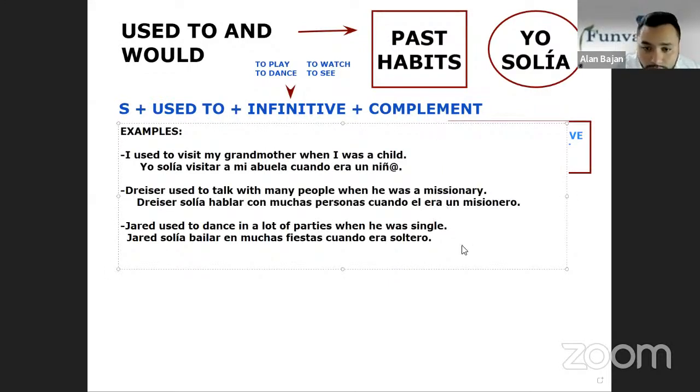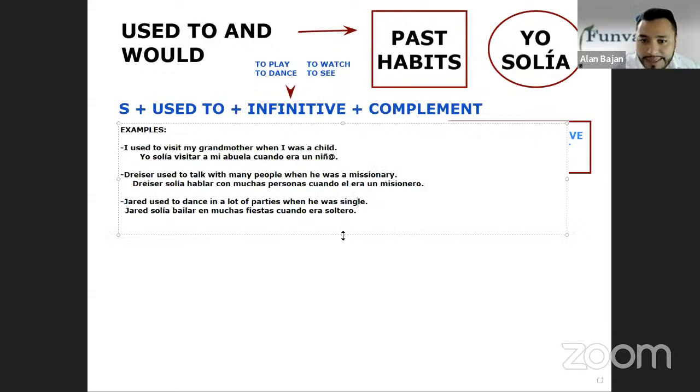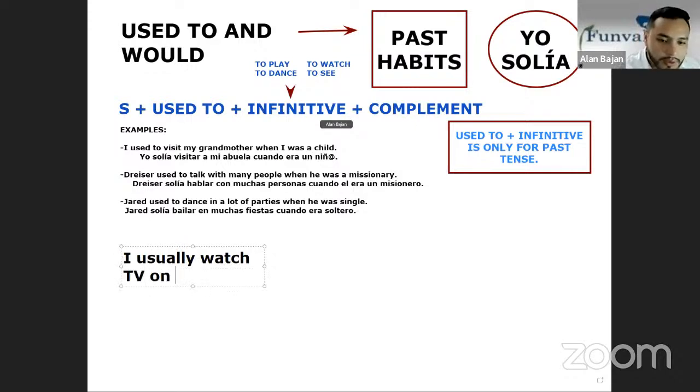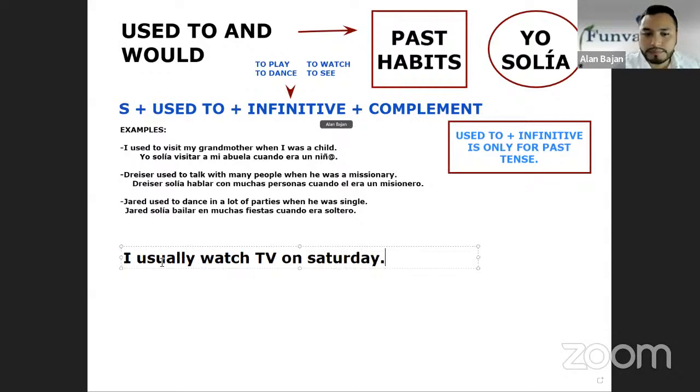If you want to say, for example, "yo suelo," I use an adverb. For example, I usually watch TV on Saturday. I use an adverb in present.